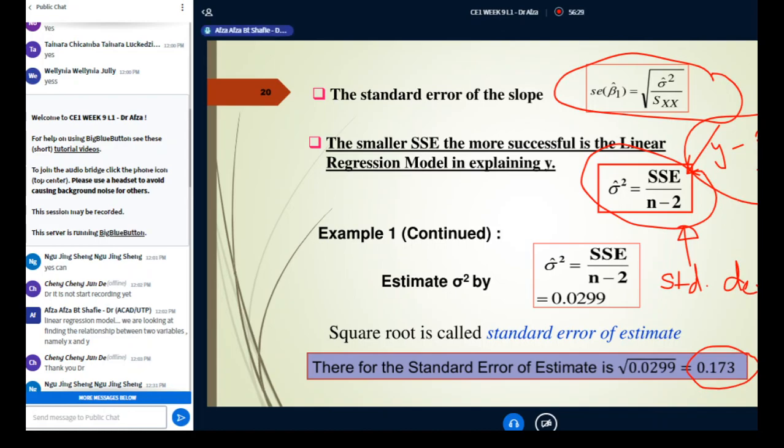Okay, we can increase the n value, right? That means we can increase, yeah, that's one way, increase the number of observations. Yeah, that's possible. Observation. What else?